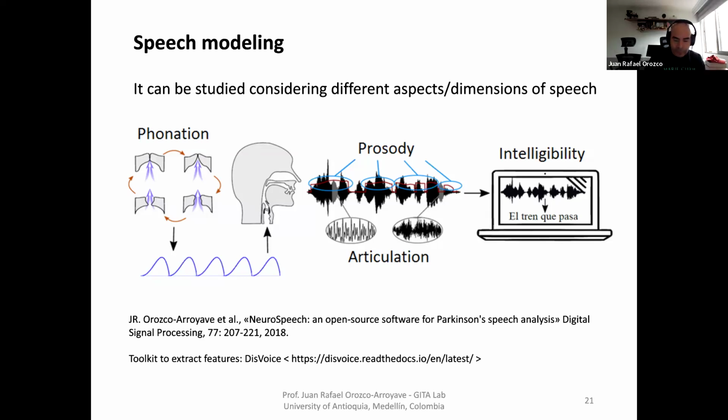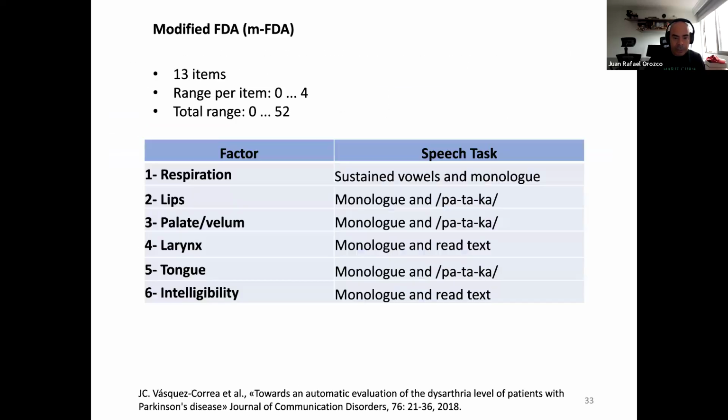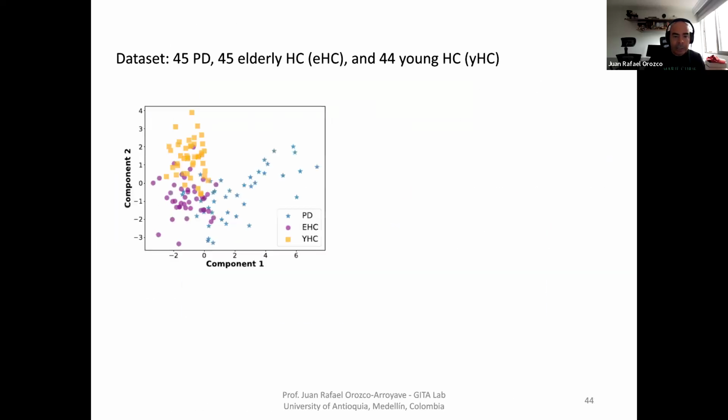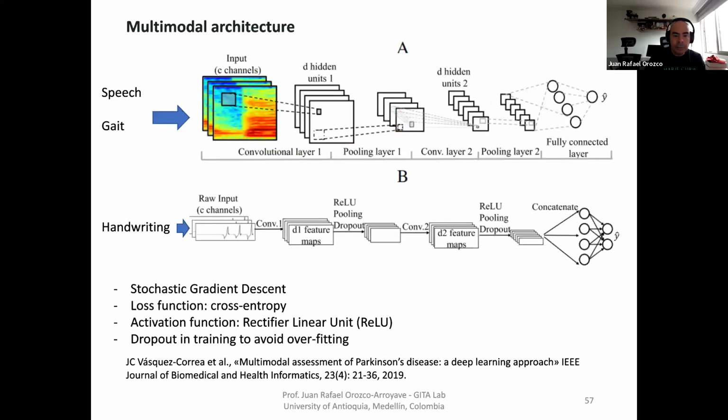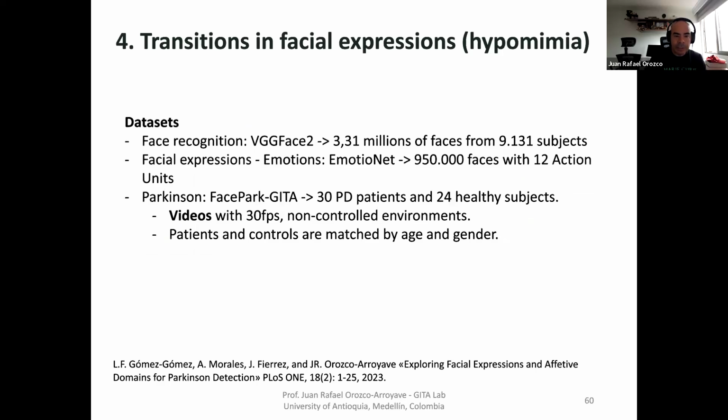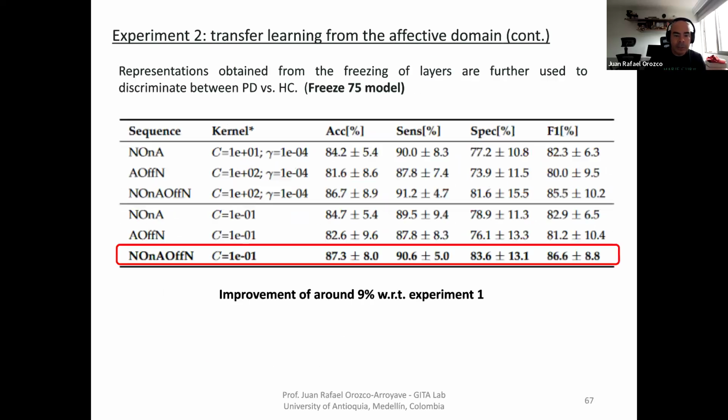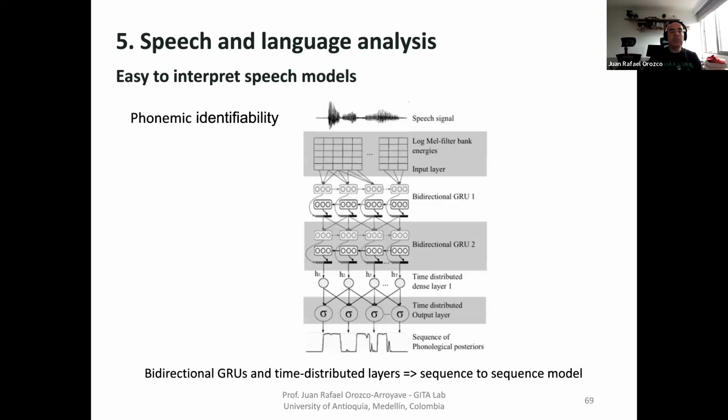So thinking of it, we said, okay, maybe if we show a patient and a clinician, neurologist or speech and language therapist, the result of modeling specific phonemes such that they could be grouped according to place and mode of articulation, for instance, or different ways of grouping the phonemes, maybe they will be more open to use the technology.